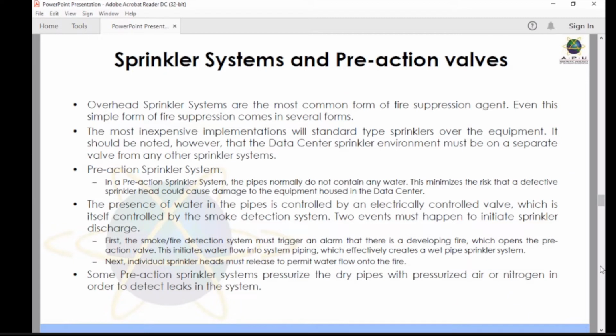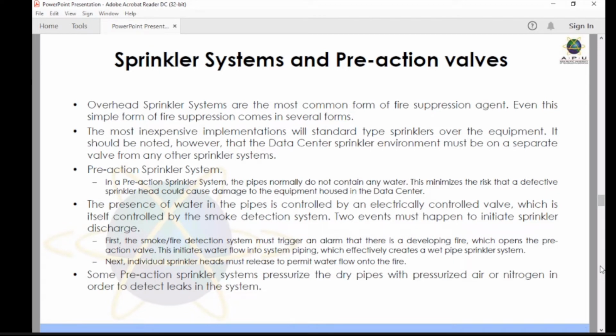So normally in a pre-action sprinkler system, no water is contained. When there is an incident, only then is there a flow of water or carbon dioxide. The presence of water in the pipes is controlled by an electrically controlled valve, known as the pre-action valve, which is itself controlled by the smoke detection system.